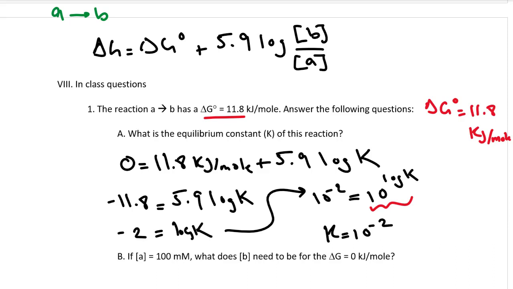That is to be expected because the delta G standard is 11.8, so this reaction is unfavorable. It shouldn't be a surprise that we got a K that's 10 to the minus 2. So we add that information here to the things we know: K equals 10 to the minus 2.